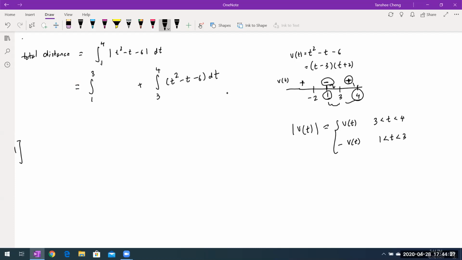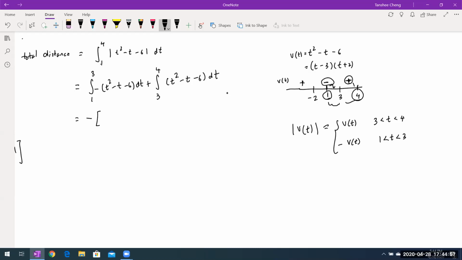However, on the interval of 1 to 3, that will be the negative of v of t, so it will be negative of t squared minus t minus 6 dt. Now I have to evaluate these two to get my final answer. I can bring this negative outside.